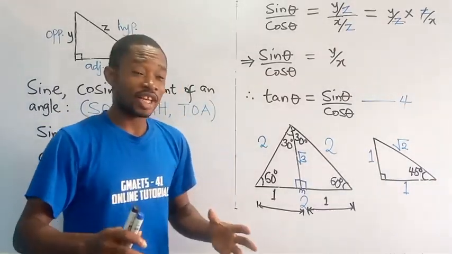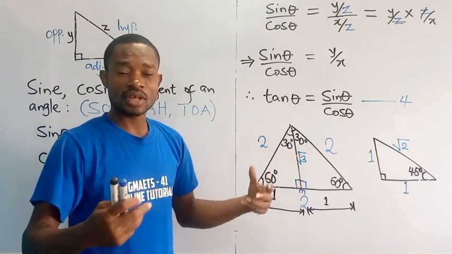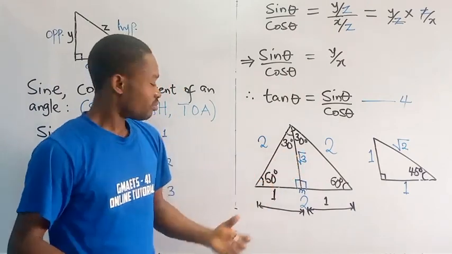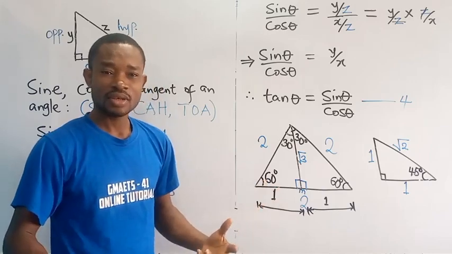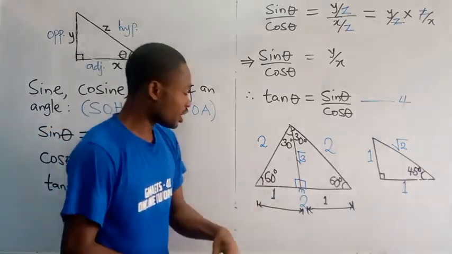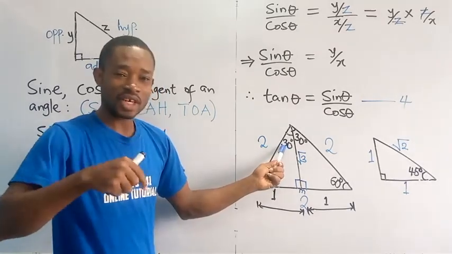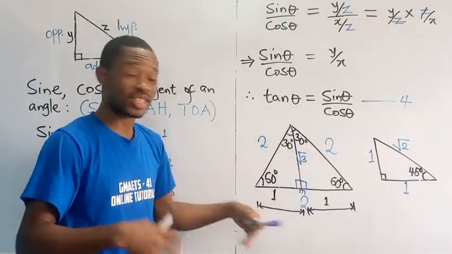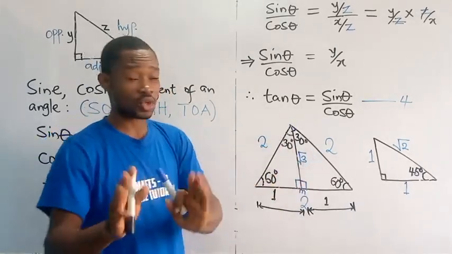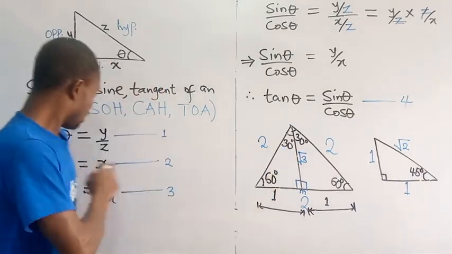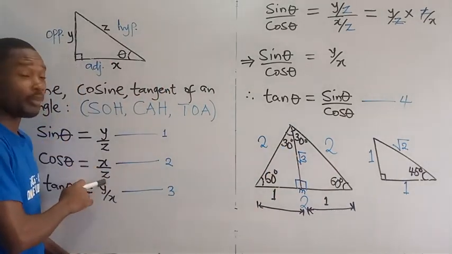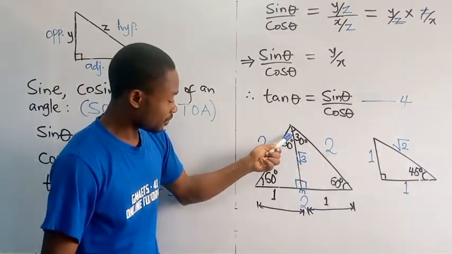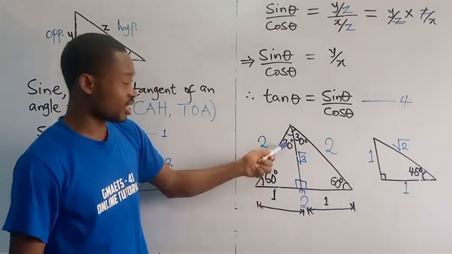So I want to get the value of maybe sine 30 and cos 30, sine 60, cos 60. What would I do? You have cos 30. You're going to focus on just one part of this whole triangle, which is one of these right angle triangles. Either you use this or you use this. The choice is yours. Cos 30, cos is adjacent over what? Hypotenuse, you know that. If this is 30, the opposite is here because this side is facing this 30 degrees.